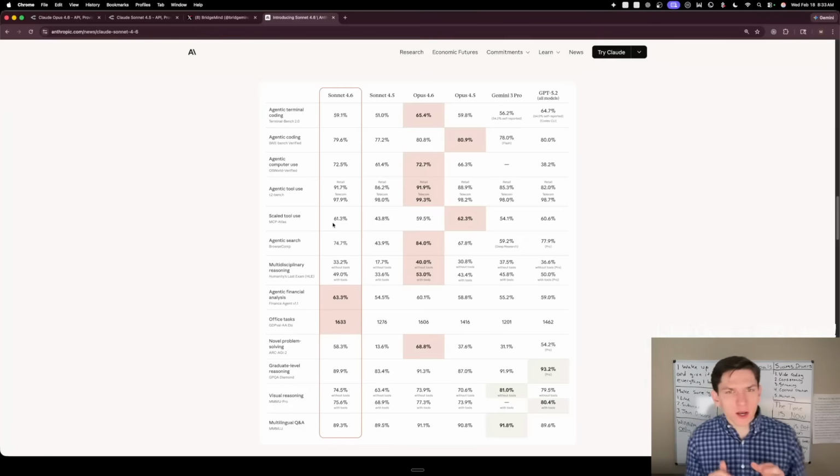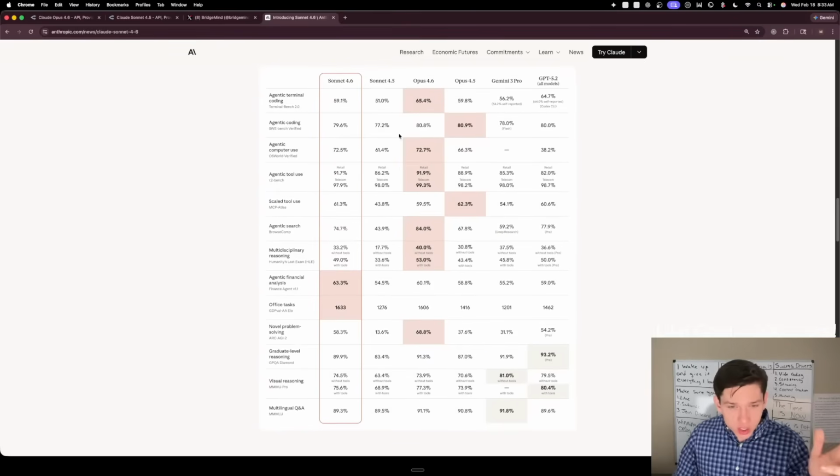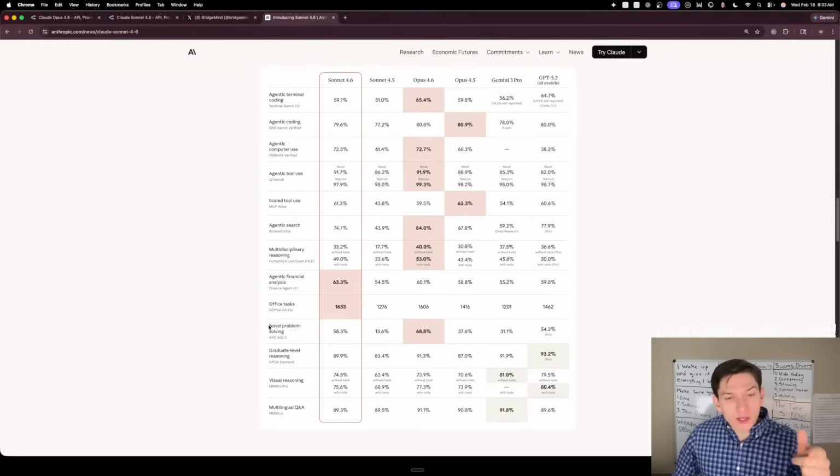You know, we've seen Sonnet models, like Sonnet 4.5 was better than the Opus model that existed at the time. You're like, okay, use Sonnet 4.5, right? But now that we have Opus 4.6, with the price that we're getting it at, you're only talking about a 40% price reduction and then a 25% speed improvement. So that does kind of bring into the equation, what should you be using? Look at novel problem solving.